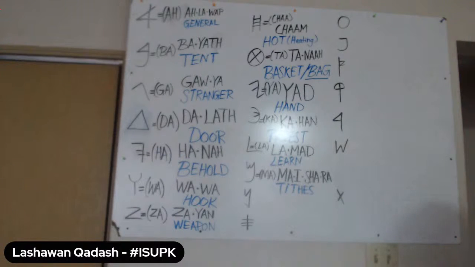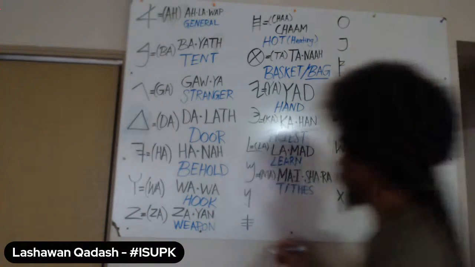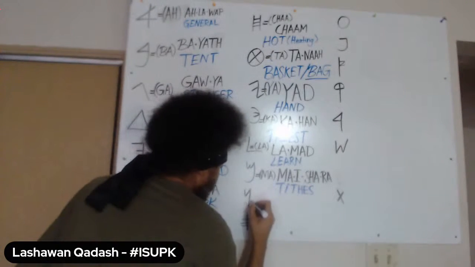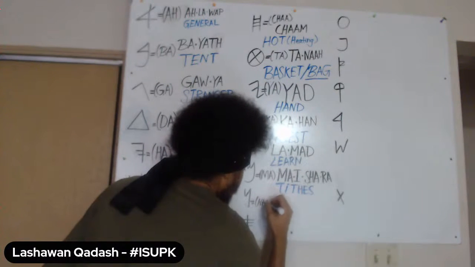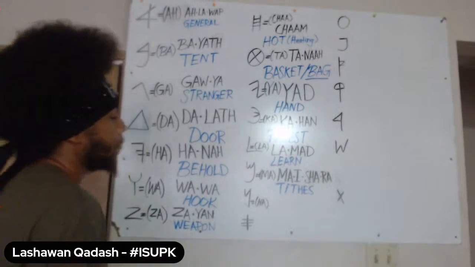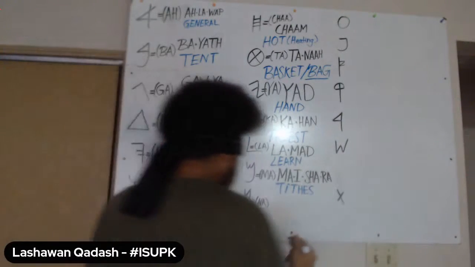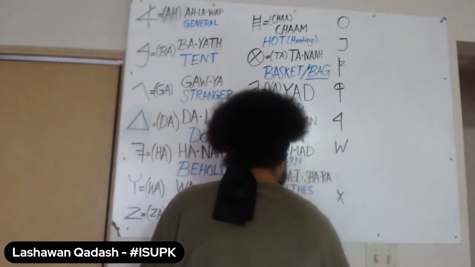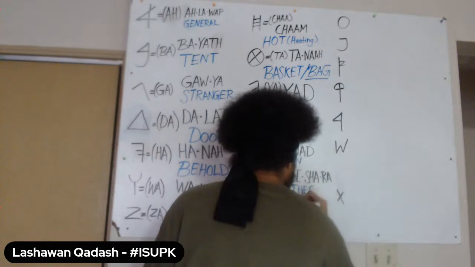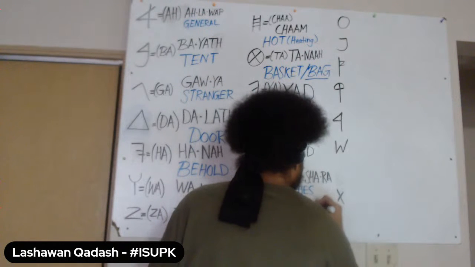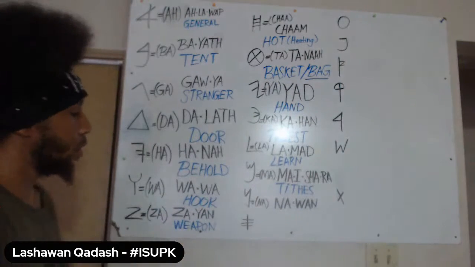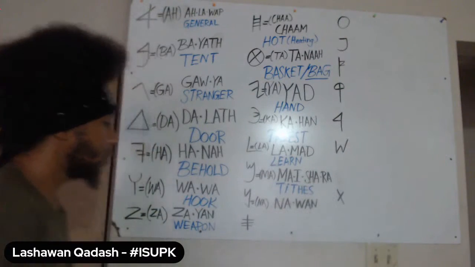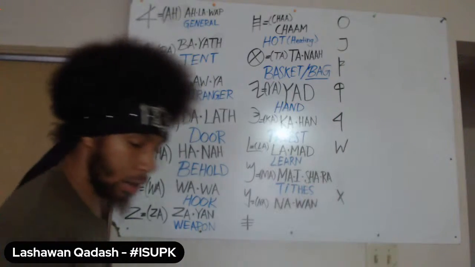Now, nah. All right, so this is nah. N-A, nah. Okay? The word is nawan. All right, nawan.